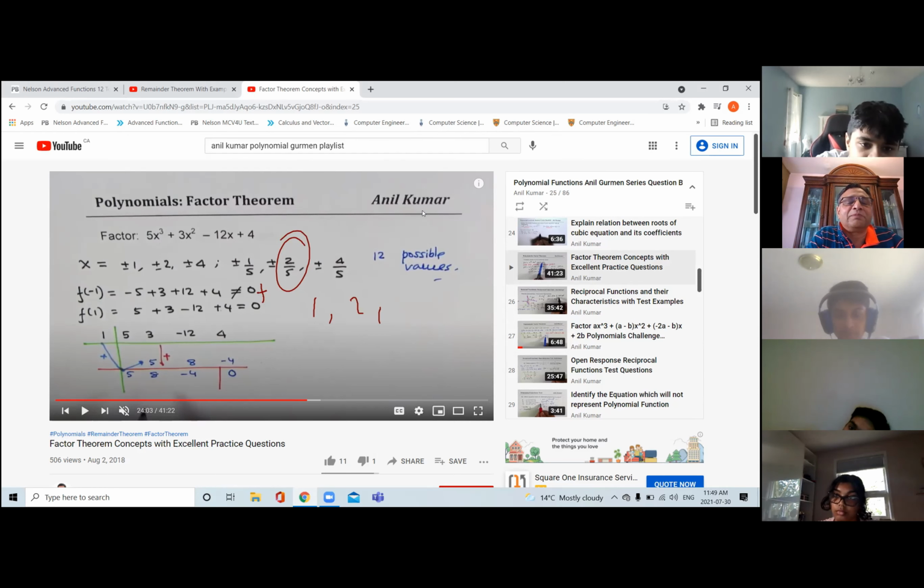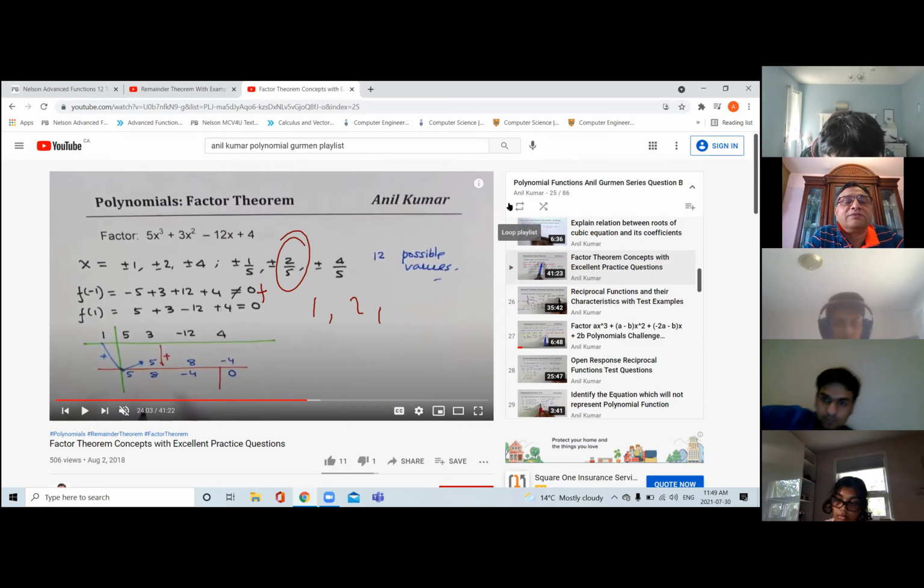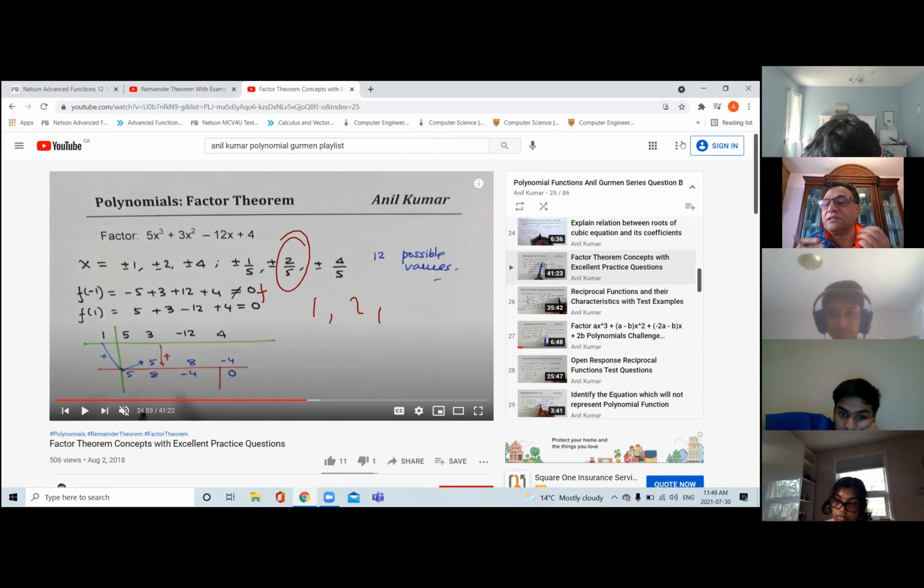Let's say you start with -1. When you do this calculation, you see it is not 0. But what you should write is, what is the sign? You say, well, at -1, I get a positive number. I'm not writing 0, right? But is it positive or negative? So I know this is positive. Then I try the other number. Well, fortunately, I got the answer, but I could have tried 2 also, right?